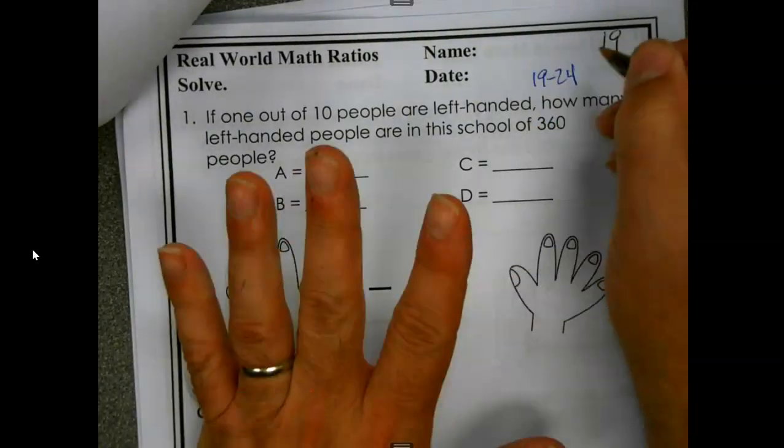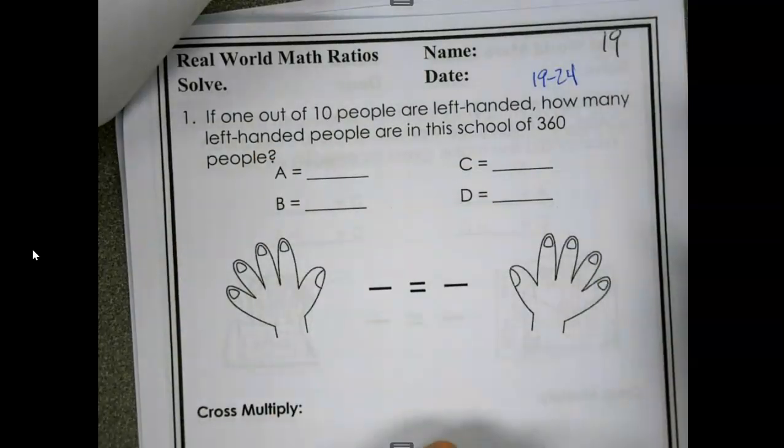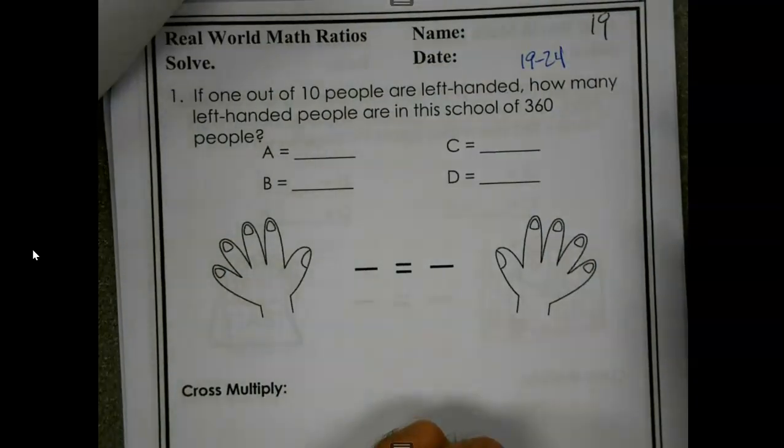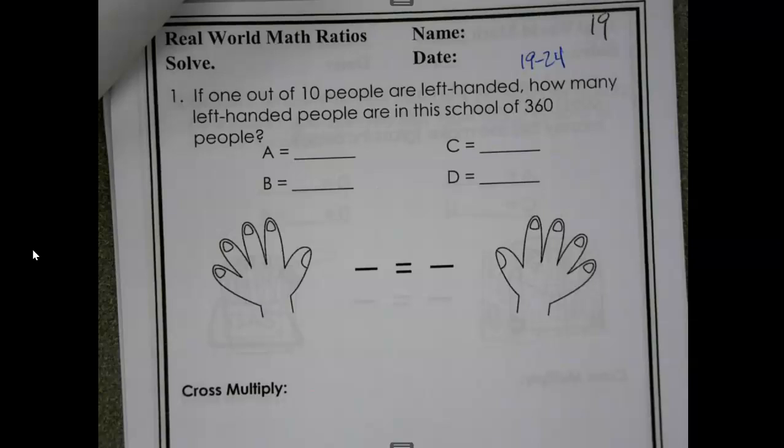There's a problem on each page, so it's not like this is going to drive us too insane here. Here, set up pretty much similarly to what we were just doing on the other ones. If 1 out of 10 people are left-handed, how many left-handed people are in the school out of 360? Now, I have a couple of confessions I need to make here.